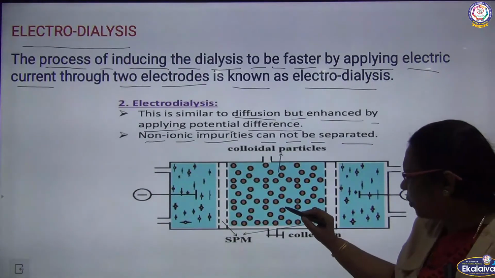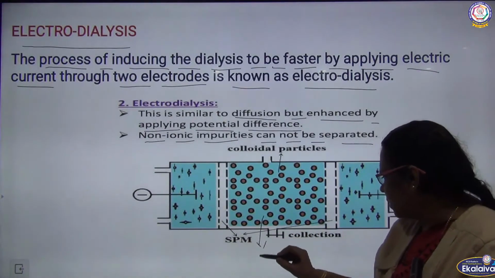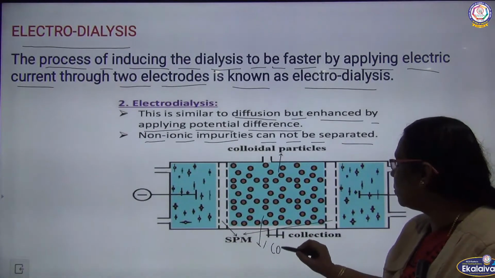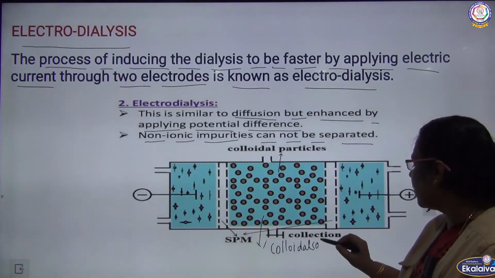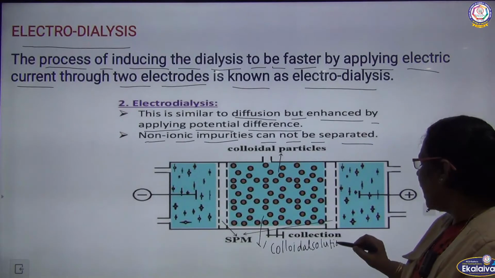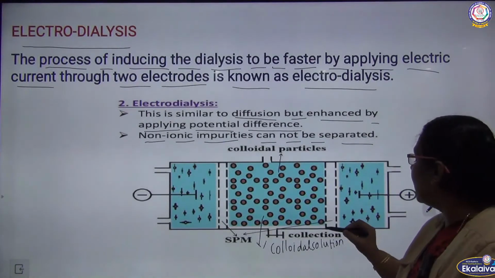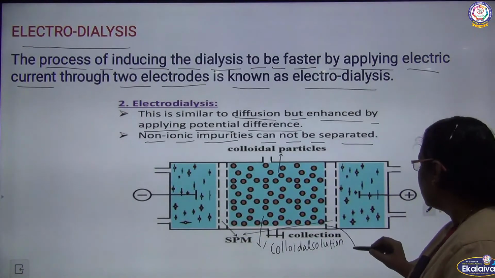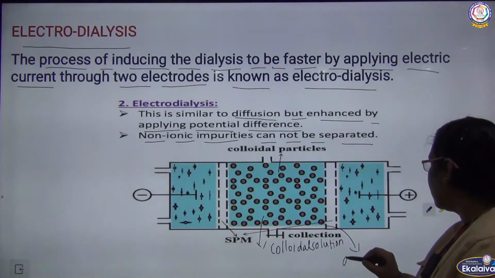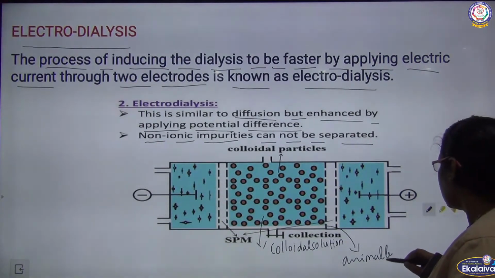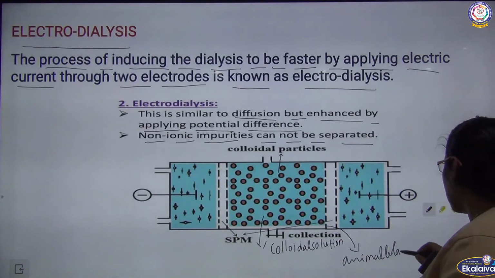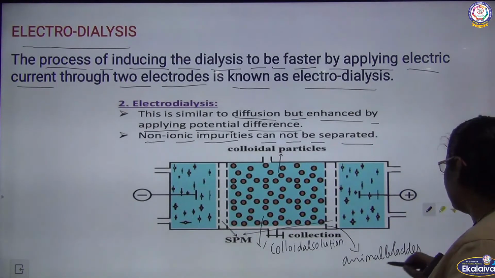Here I have taken the colloidal solution. The colloidal solution is separated by an animal membrane, animal bladder, parchment paper, whatever it is.